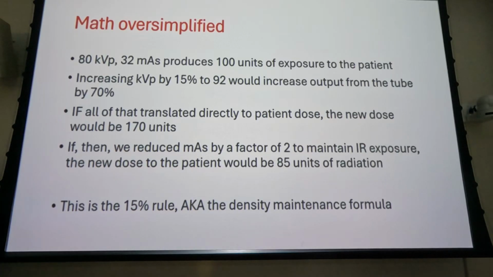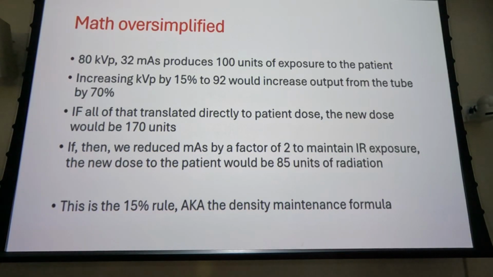So, again, math oversimplified. If you have 80 kVp at 32 mAs, it produces 100 units of radiation exposure to the patient. Increasing kVp by 15% to 92 would increase output by only 70%, not double. If that translated directly to patient dose, the new dose would be 170 units, but it wouldn't, because you'd have more penetration.